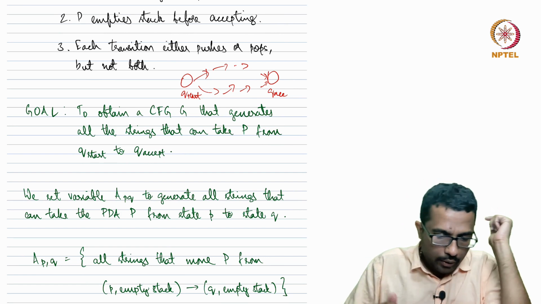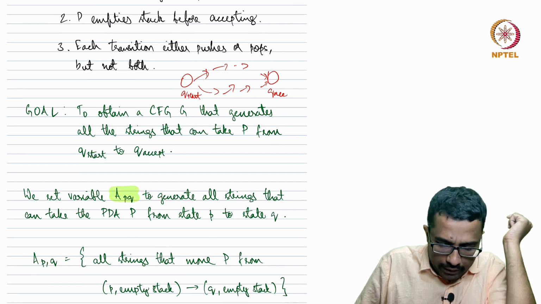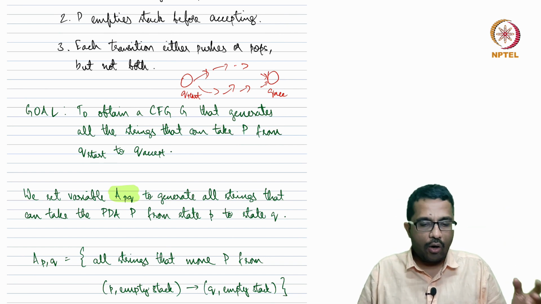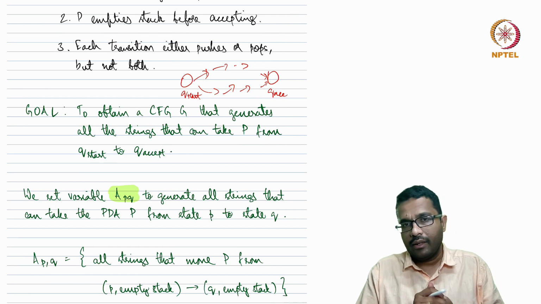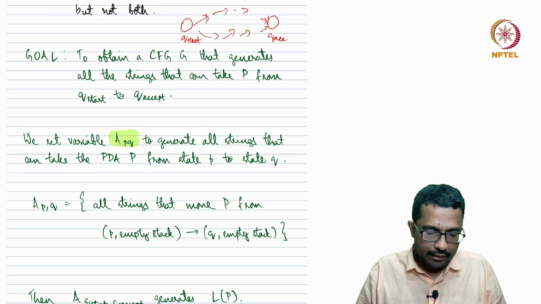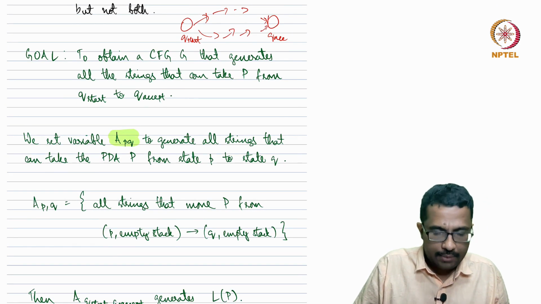Now the goal is to construct a grammar such that the grammar generates all these strings that take the PDA from the start state to the accept state. In general, we will have variables of this type, A_pq, with small p, small q.